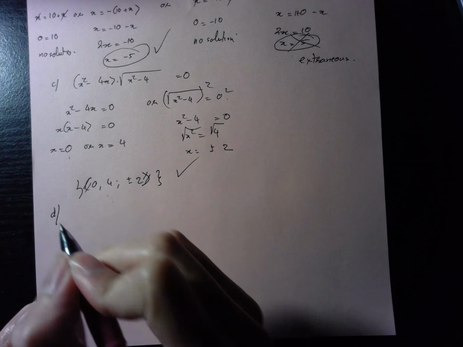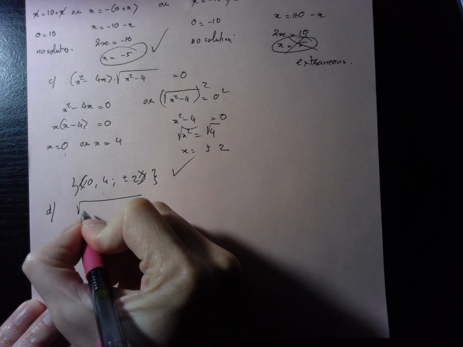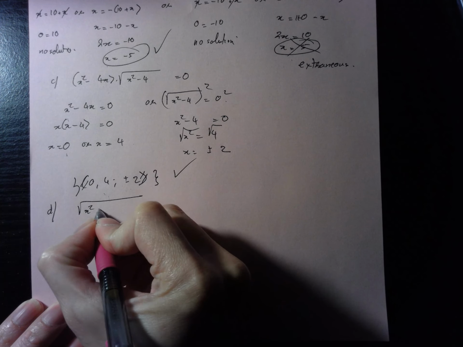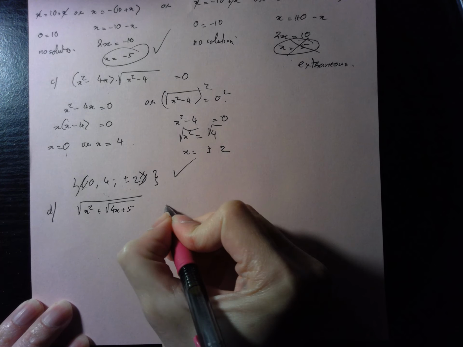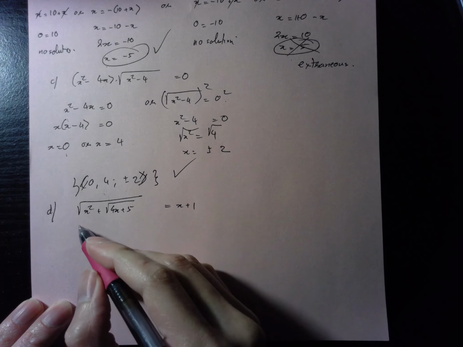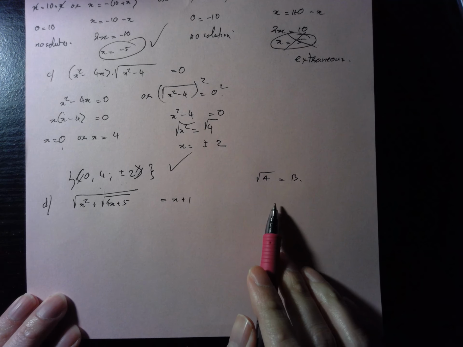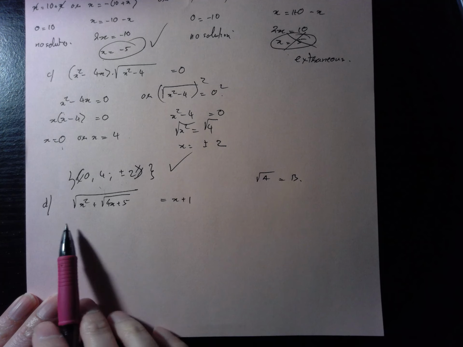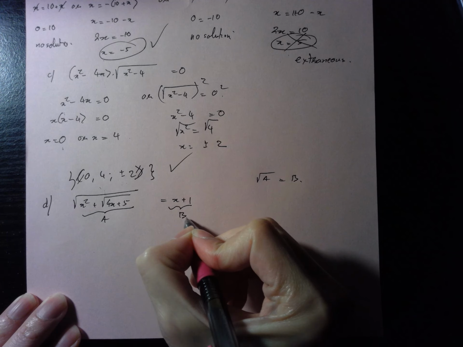For D, D is a radical equation, so I have radical x squared plus square root of 4x plus 5 equals x plus 1. So this is radical A equals B. Give you the formula. You just need to square both sides because this is A right here. This is B in the form already.